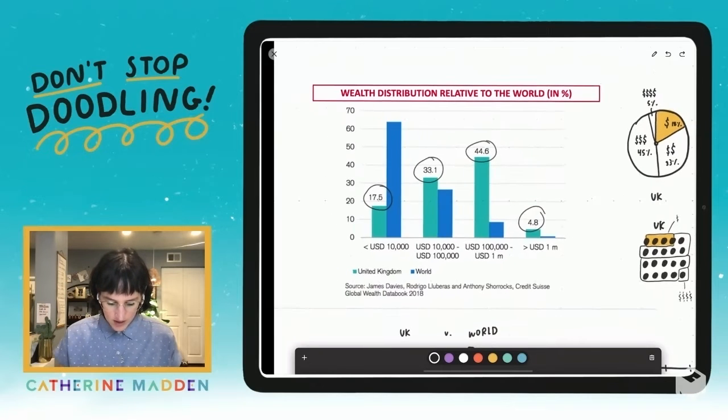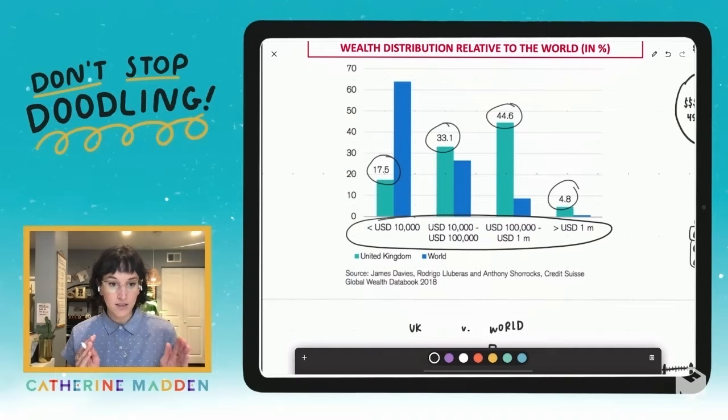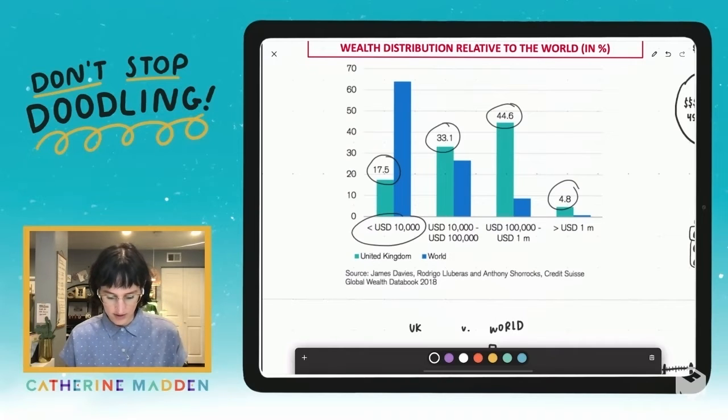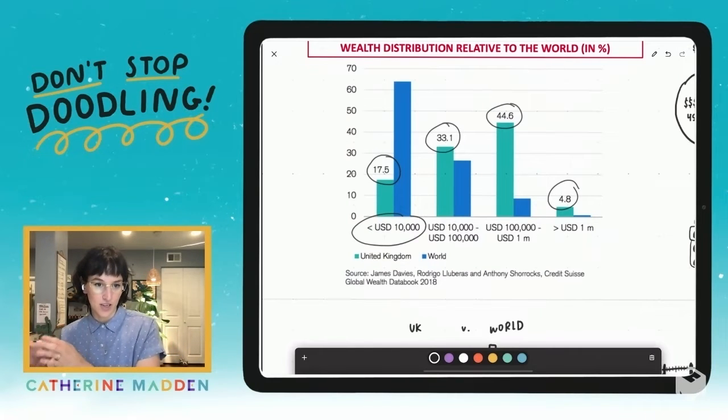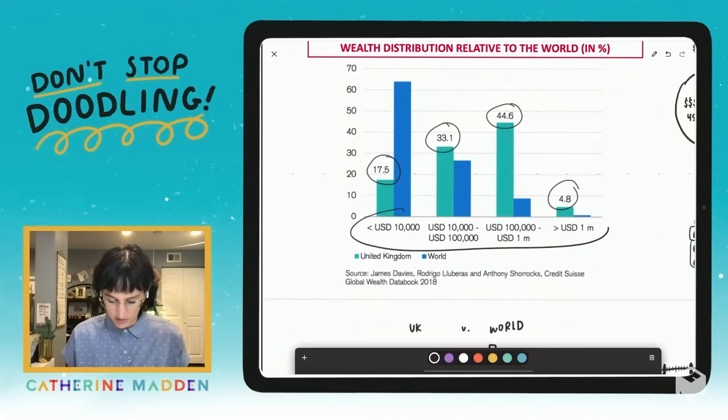And the other thing I noticed is that these buckets of wealth are not equal. The first one is 0 to 10,000. And if you were going to have an equal bucket next, it would be 10 to 20, then 20 to 30, 30 to 40, and so on. What you're looking at is actually a logarithmic scale.